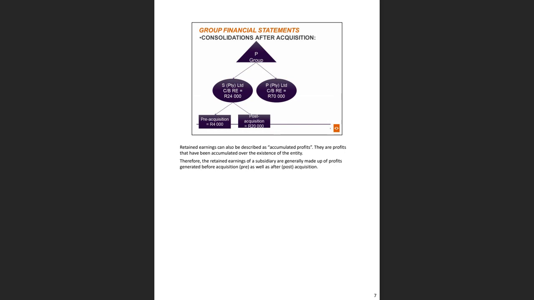And then obviously we need to split out the post-acquisition profit, what is attributable to the parent and what is attributable to the non-controlling interest. Okay, but let's have a look at the next slide. We have a few examples to help us do this exercise.